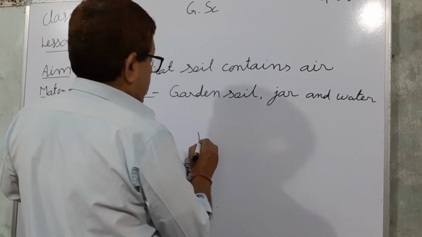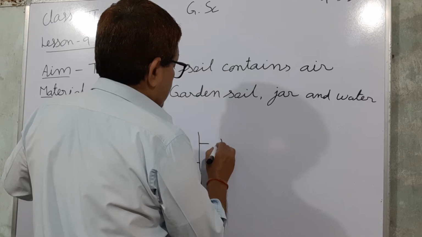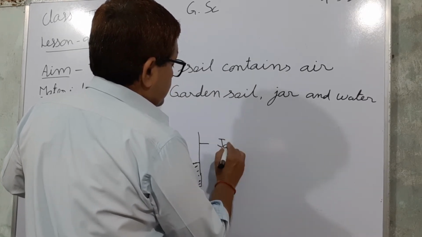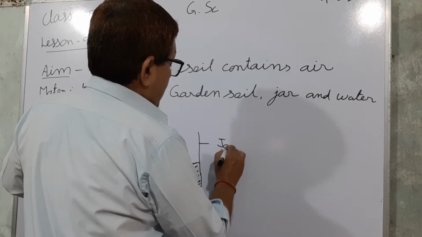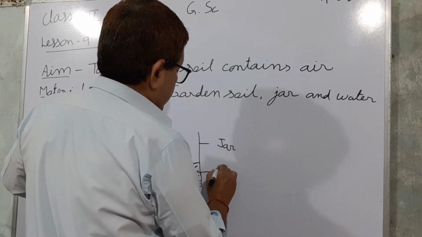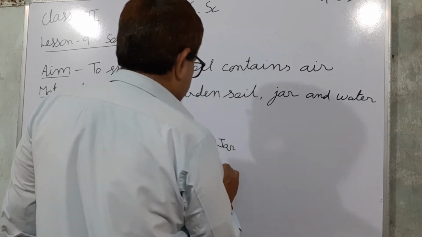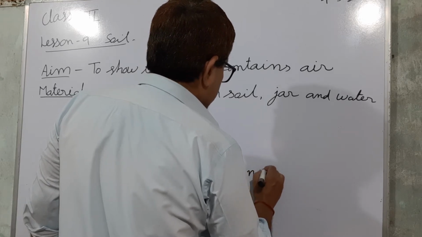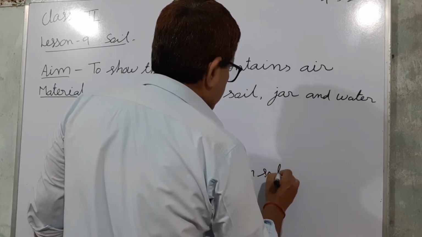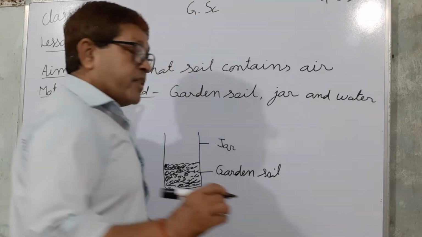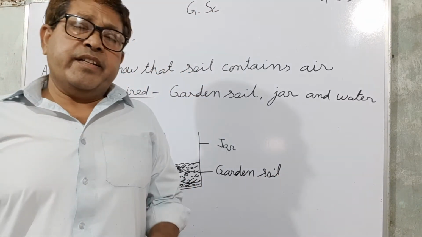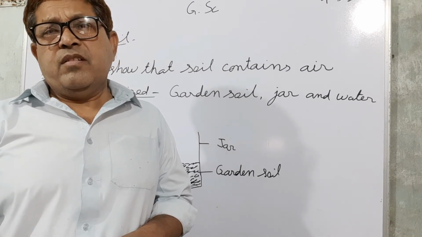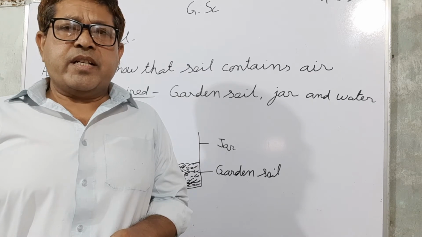So, this is the jar. In the jar you have kept garden soil. Garden soil is not any special soil, but you can take the soil from the field, etc.